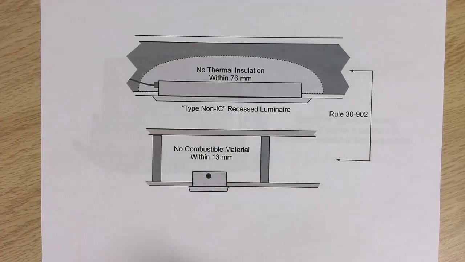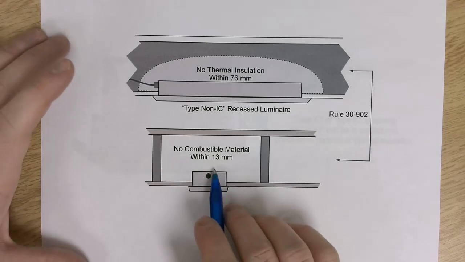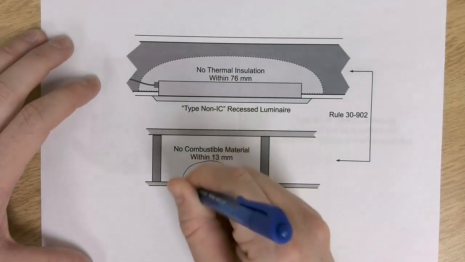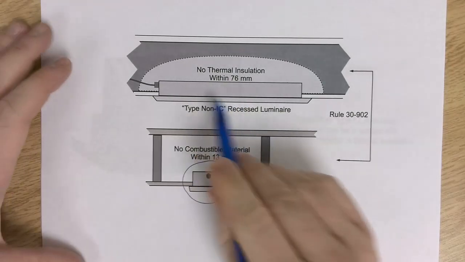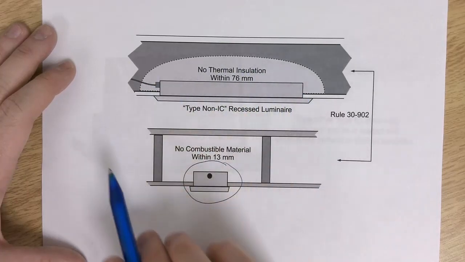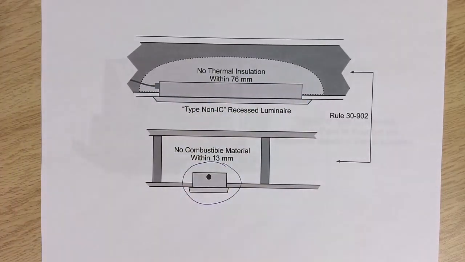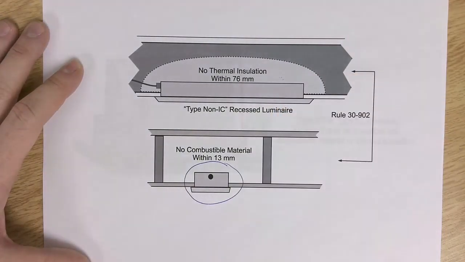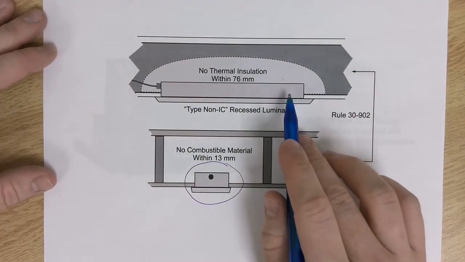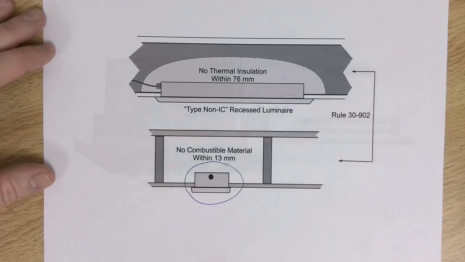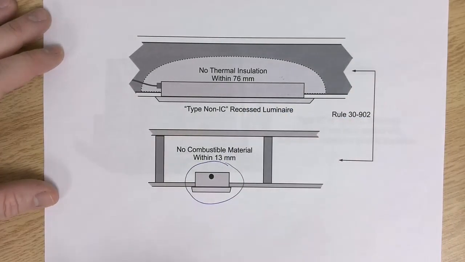But aside from what it's attached to, you don't have combustible material within 13 millimeters, and you don't have thermal insulation. So you don't just take a big piece of pink, itchy fiberglass and lay it on top of this, because that's going to make this light overheat. Has a good chance. So at least 76 millimeters.